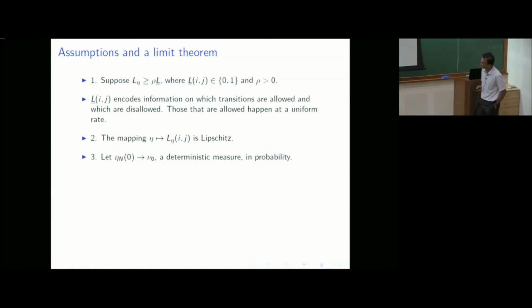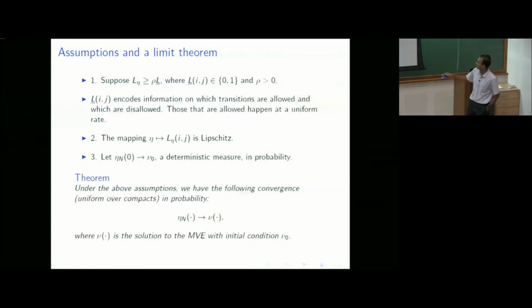So under these assumptions, we can realize the McKean-Vlasov equation as a limit. Under the above assumptions, we have the following convergence, which is uniform over compacts. This convergence is in probability.